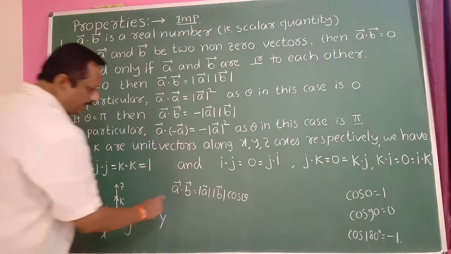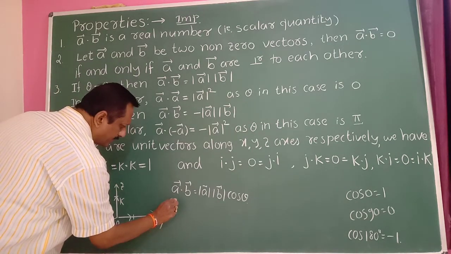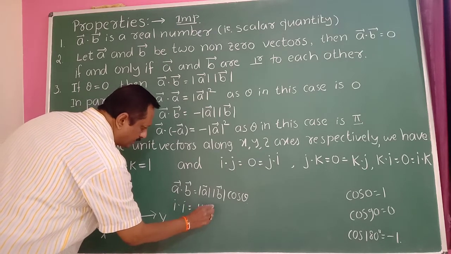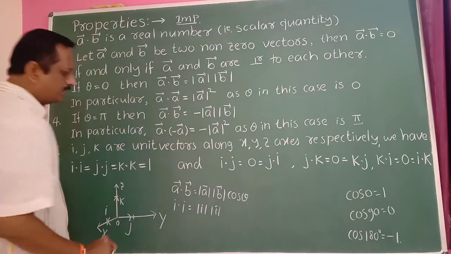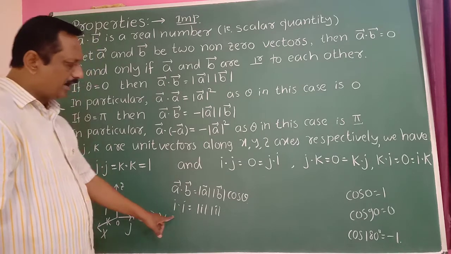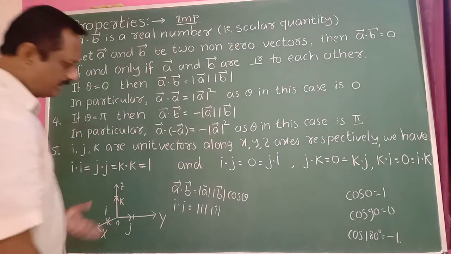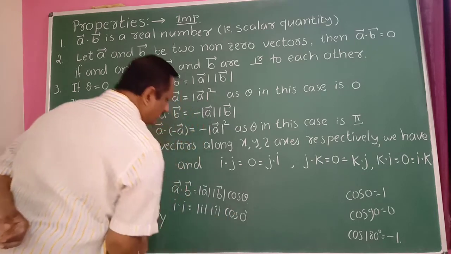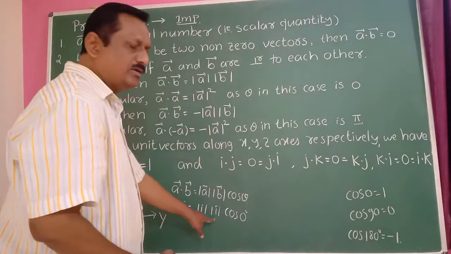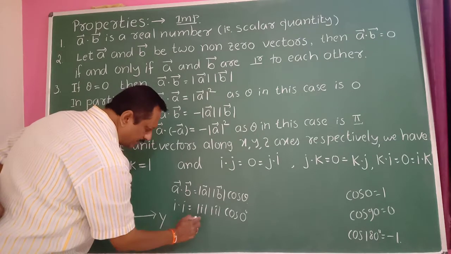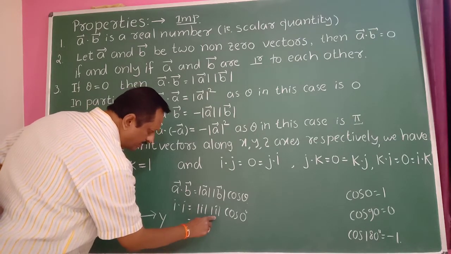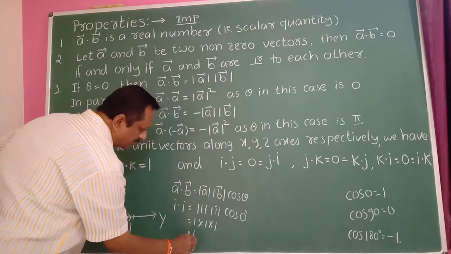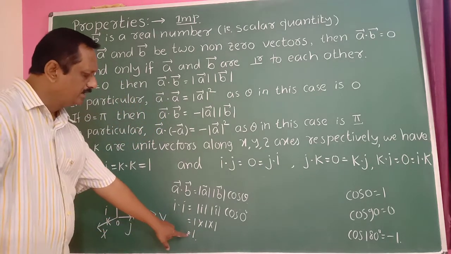Then, according to this definition, i dot i is equal to modulus of i into modulus of i into cos of the angle between i and i, which is again 0 degrees. Hence cos of 0, and you know i, j, k are unit vectors, so modulus of i is 1, cos 0 is 1, so it gives 1. So i dot i is equal to 1.